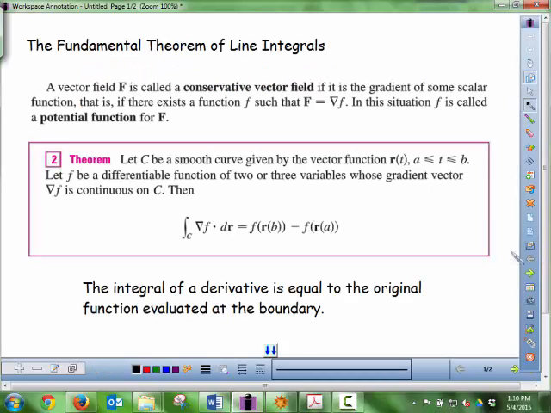Conservative means that it's a gradient field. So a conservative vector field means it's a gradient field, which means for capital F, there is some little f so that it's the gradient of that little f.